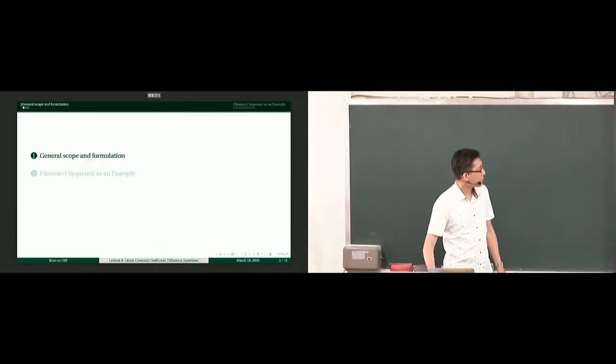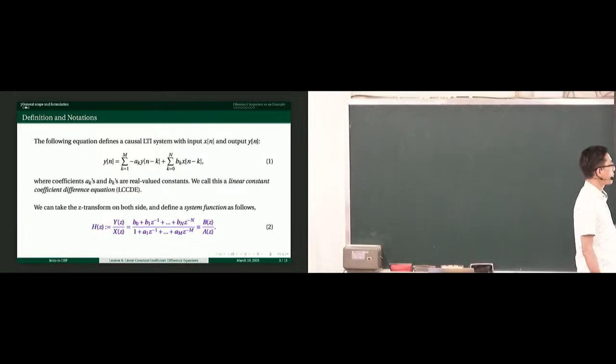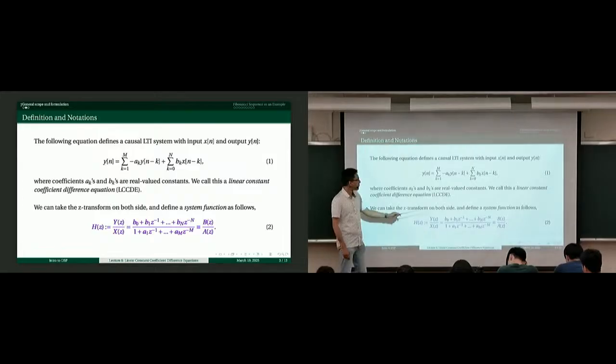Last time we spent about 10 minutes going through this definition. Let's take a look again. This is an equation with y[n] on the left-hand side, and on the right we have a linear combination of the past samples of the output, y[n minus k], from the previous sample all the way to the Mth previous sample.